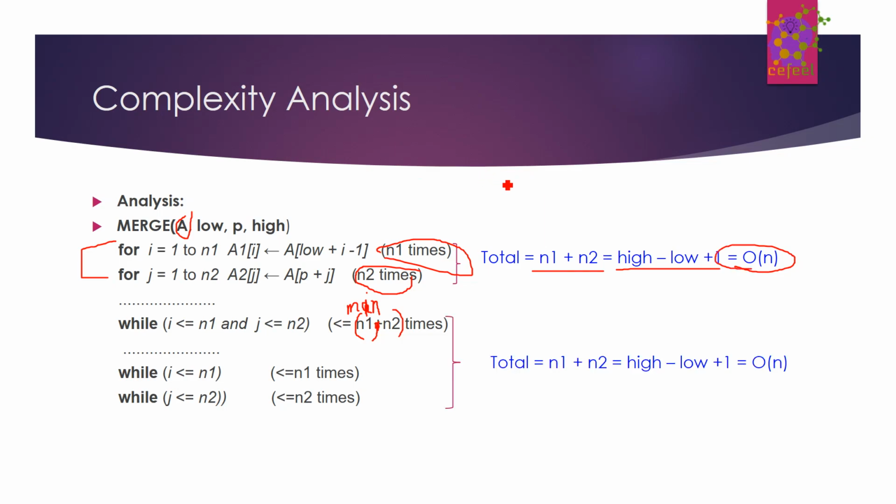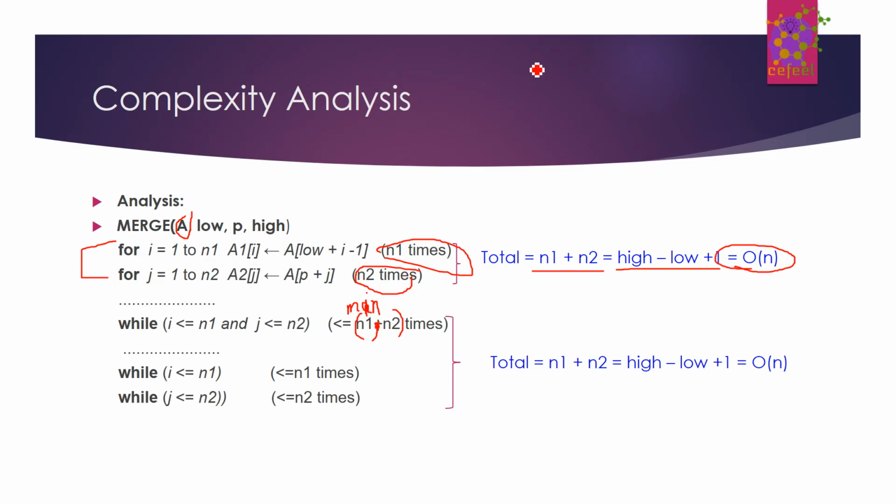Now the next while loop, what they essentially do is they start from the starting of the smaller arrays, and then they will copy the minimum element of the array till one of the arrays is done.